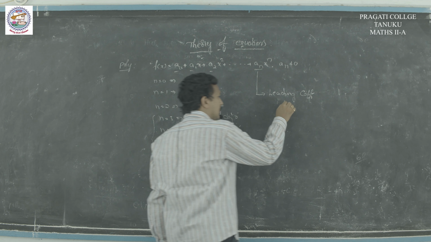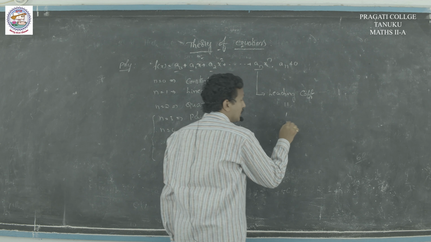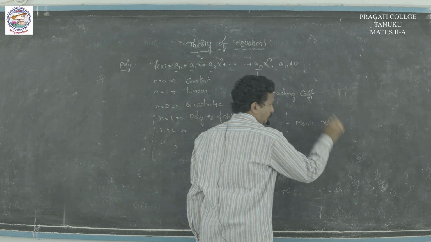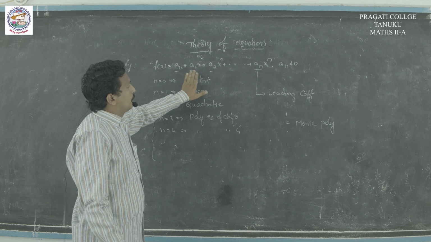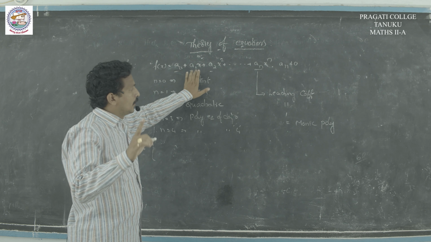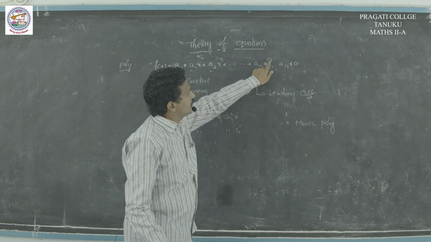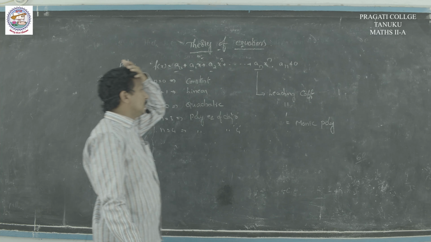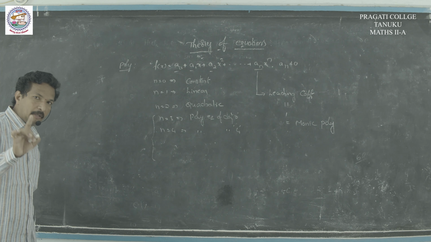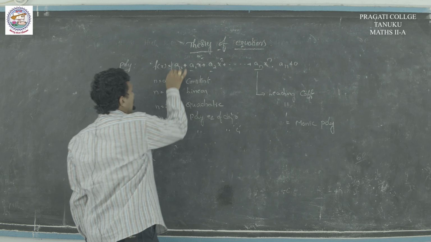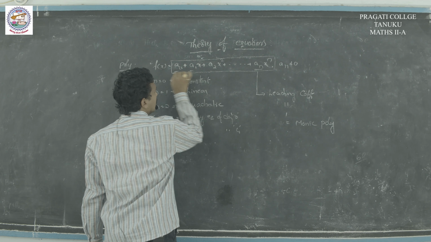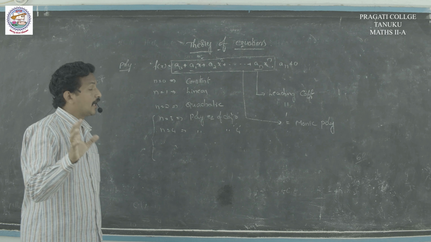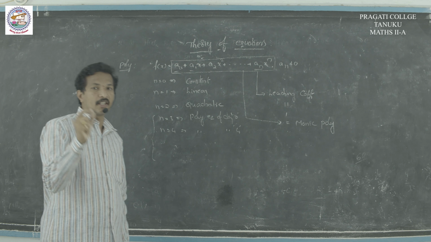In case the leading coefficient is equal to 1, then it is called a monic polynomial. Monic polynomial means the highest power coefficient is equal to 1.